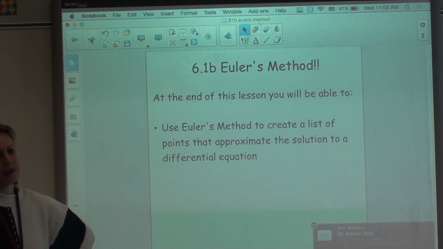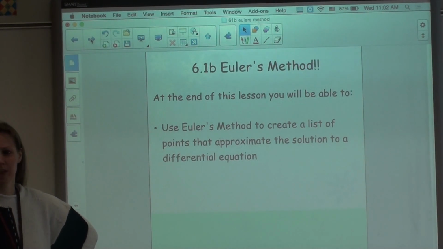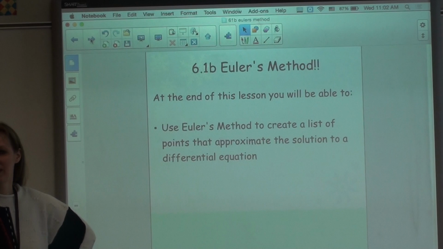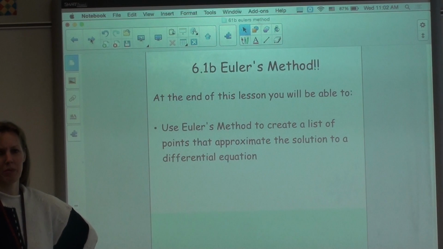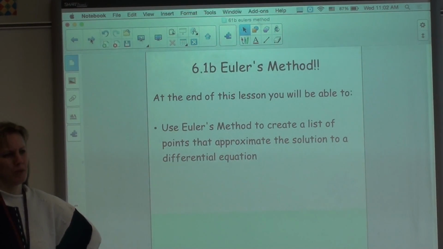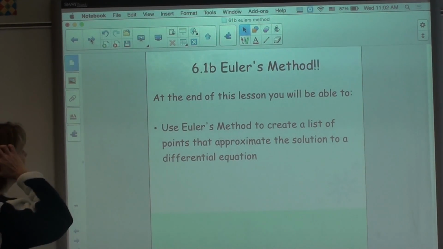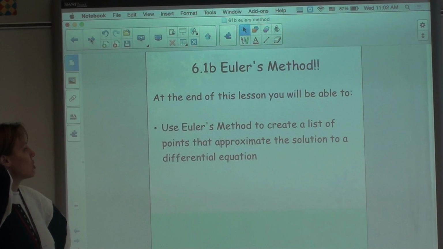Was he the one who had all of those children die? He had like 5 of his kids not live through past childhood. Really sad life. I don't think it was Euler. That's not Euler? I don't think so. I'm trying to remember. I don't remember. Maybe that was Riemann. I don't know. Anyway, maybe we need to go back and double check our history.